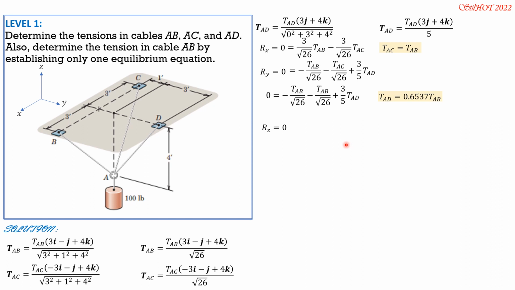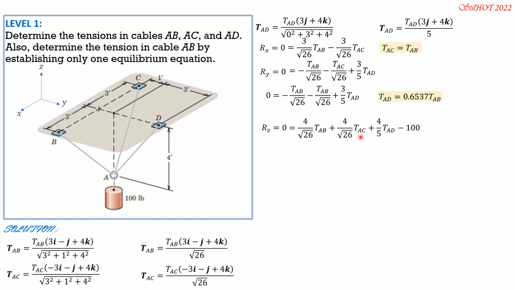Finally, Rz equals 0, so that is 4 over square root of 26 tension AB plus 4 over square root of 26 tension AC plus 4/5 tension AD, then minus 100, sorry, I forgot.